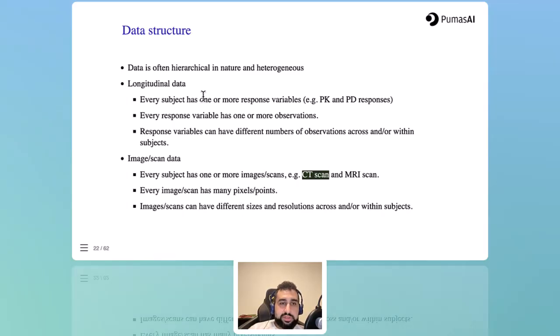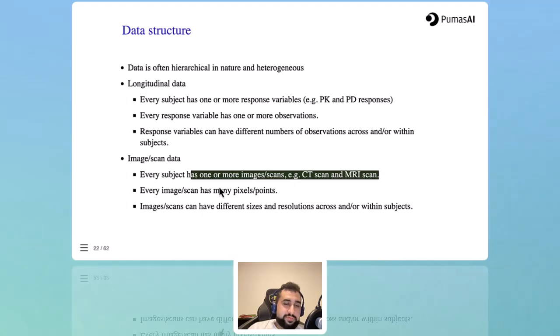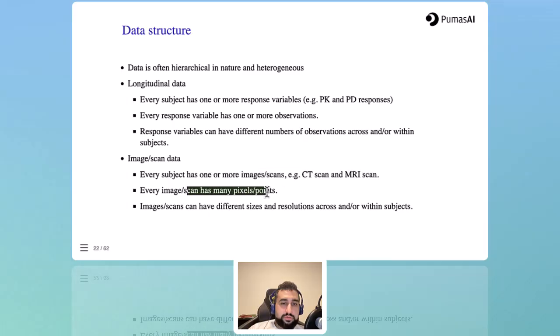Once again, it's very similar to the case of longitudinal data, where we have one or more variables, but the variable in this case is a full image or a full scan, and the variable itself has multiple observations. In this case, the observations are not over time but over space, where we have different pixels and different points in space.